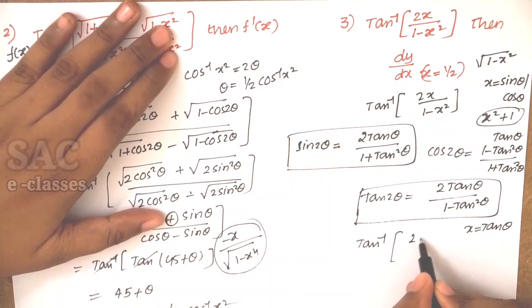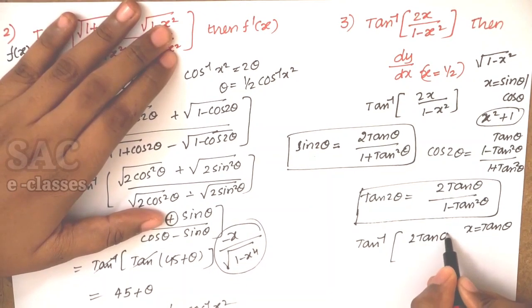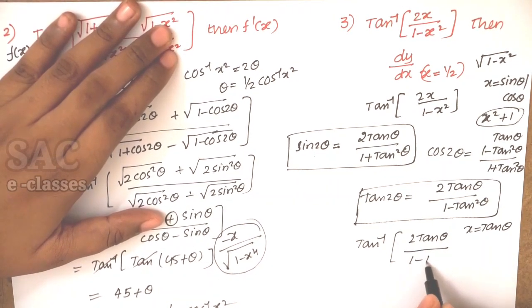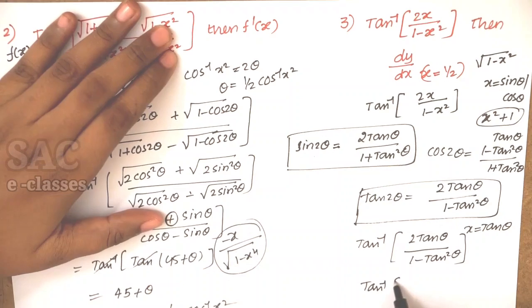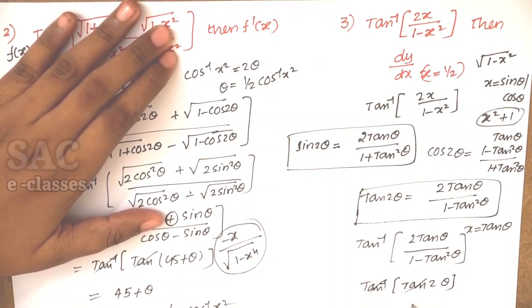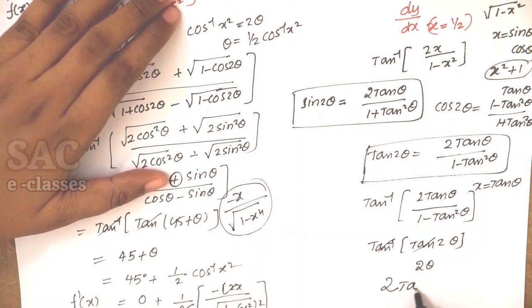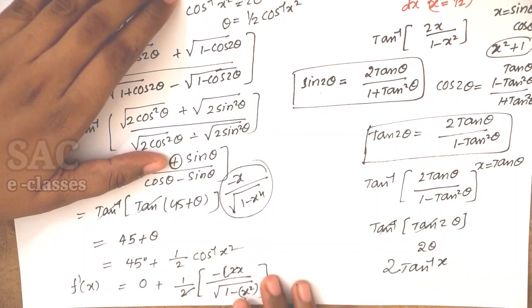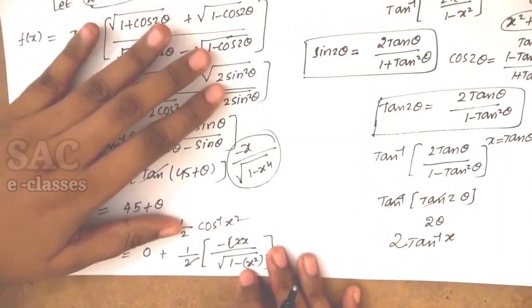Tan inverse of 2 tan theta by 1 minus tan square theta is tan inverse tan 2 theta. So 2 theta, 2 into theta means what? 2 tan inverse x. They are asking you to find out differentiation for this.